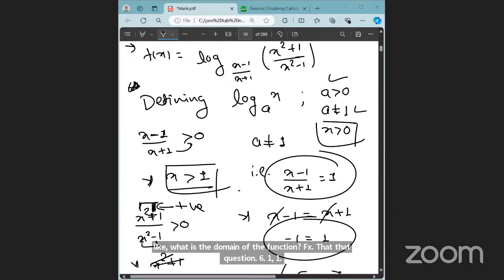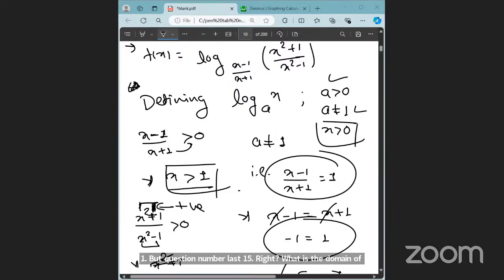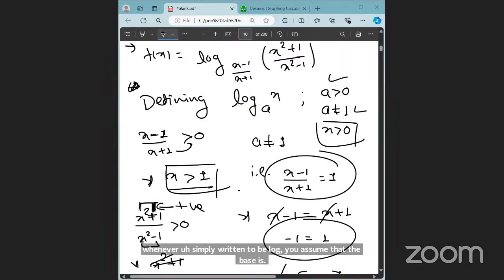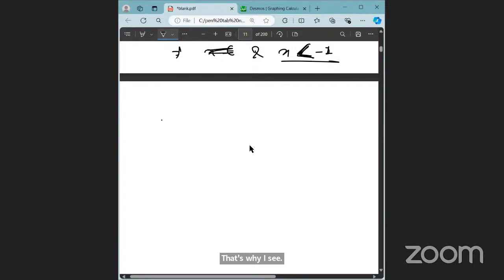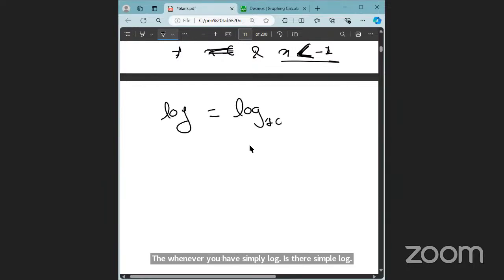The last question, the fifth one, right? What is the domain of the function f(x)? See here, they haven't given any base, so it's simply written as log. Whenever it's simply written as log, you assume the base is 10. So this log is actually log base 10. And when simply ln is written, then ln means log base e.